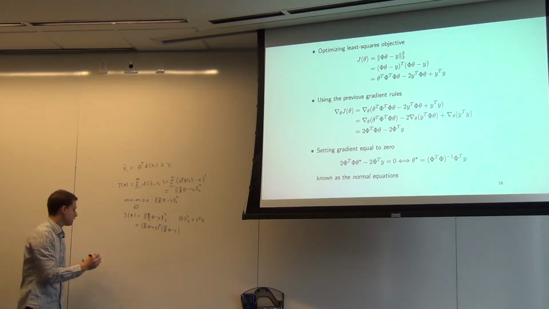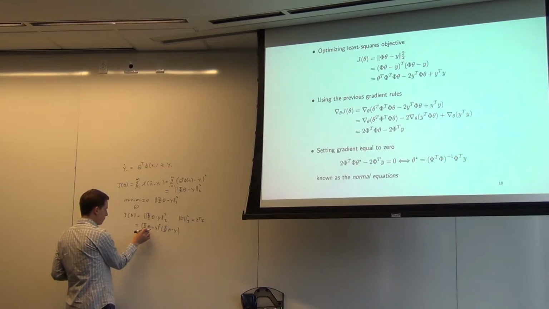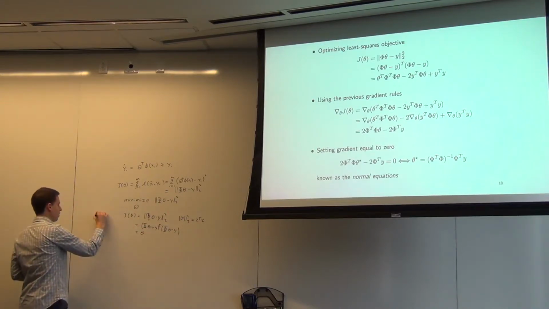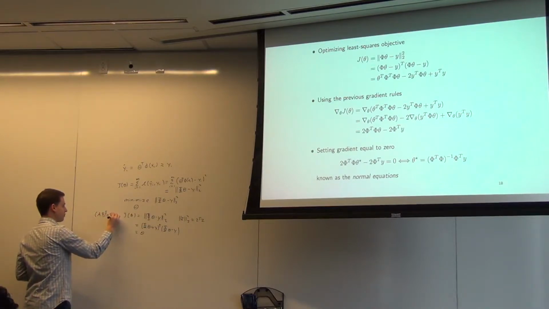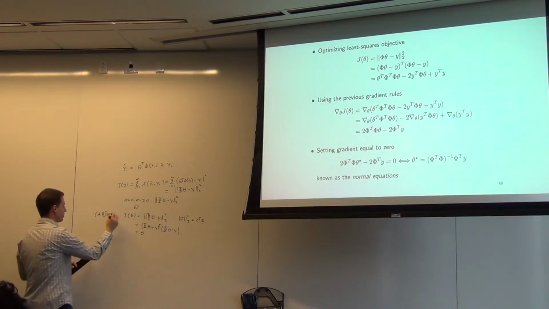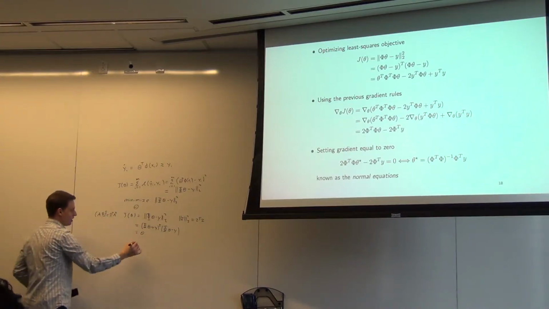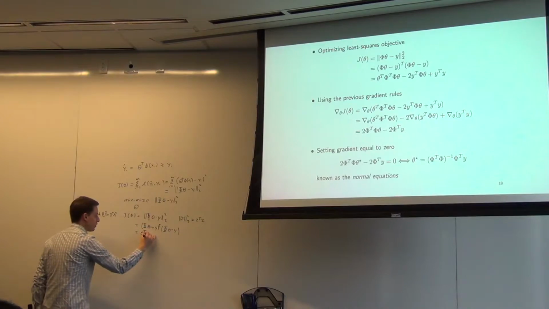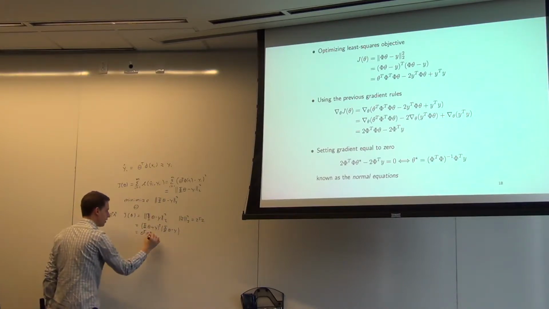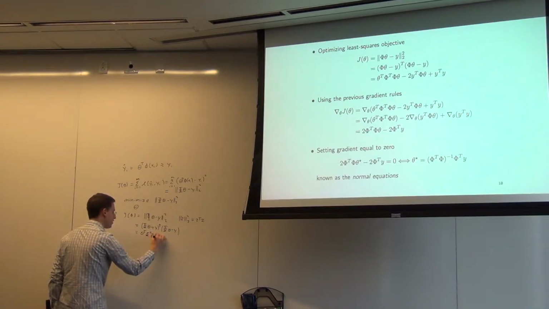Everyone knows that when you transpose a product, (A B) transpose equals B transpose A transpose. So taking these two terms first, what we get is theta transpose phi transpose times phi theta.